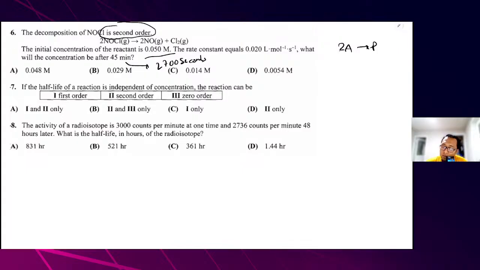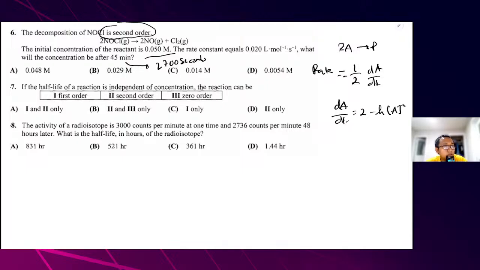So the rate of this one, it will be, this is half, right? And then d[A]/dt. Rate is d[A]/dt, this is minus because it's decreasing the reactant. Because of loss of the reactant, we know that d[A]/dt will be 2 times rate. Rate is minus k and then A squared.